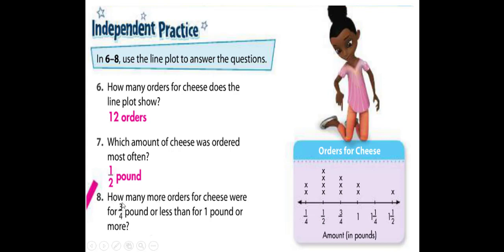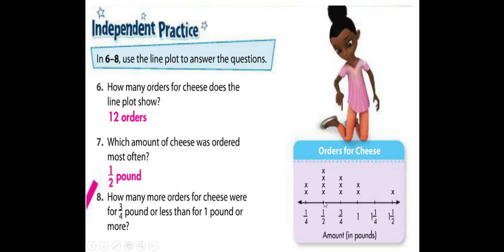The last question here: how many more orders for cheese were for 3/4 pound or less than for 1 pound or more? So 3/4 or less for all of these. Like 3/4, we have 3 orders, plus 4, plus 2. 3 plus 4, that's 7 plus 2, 9.